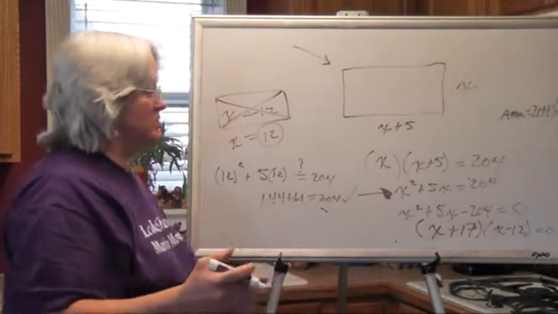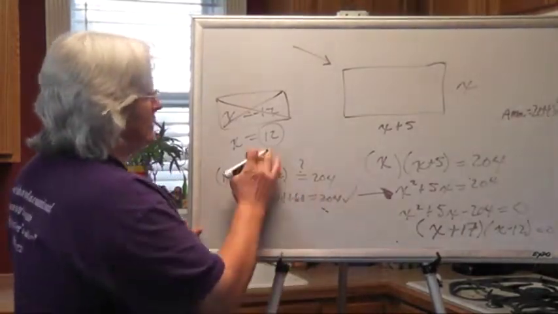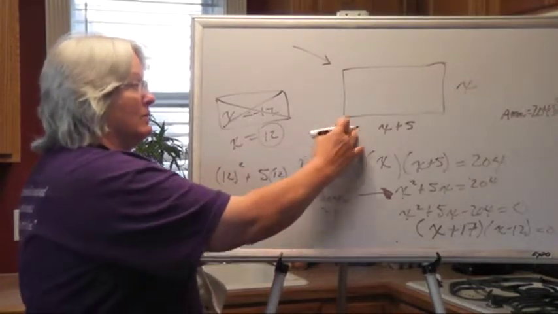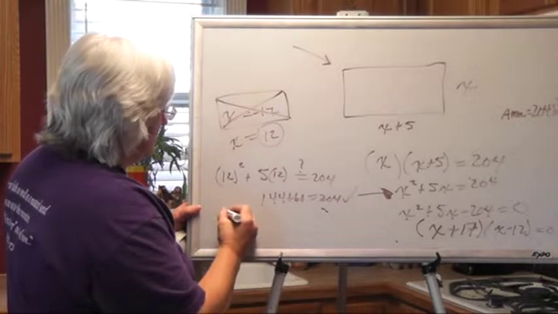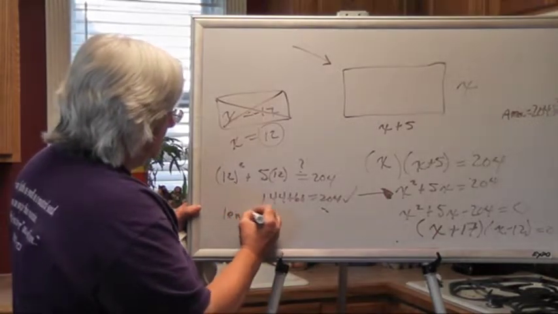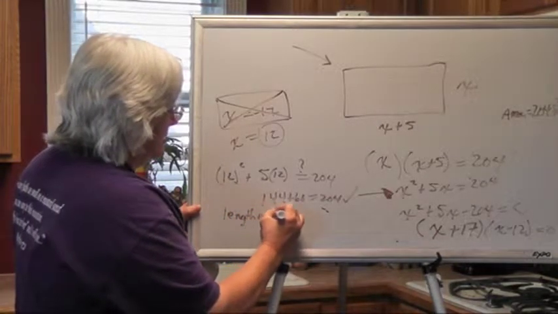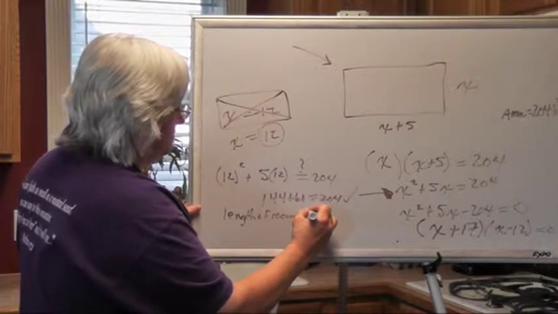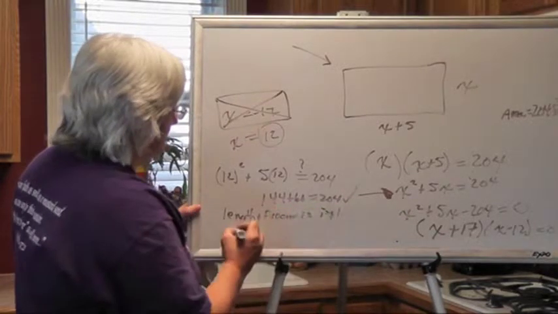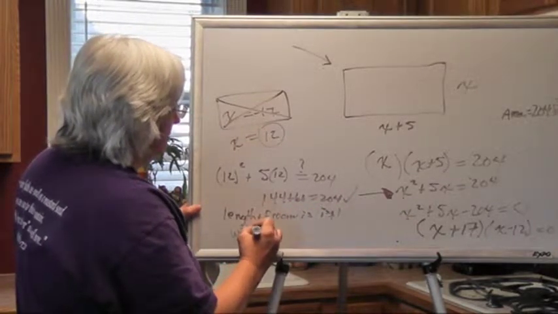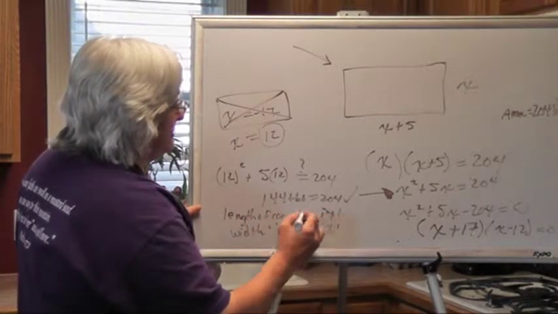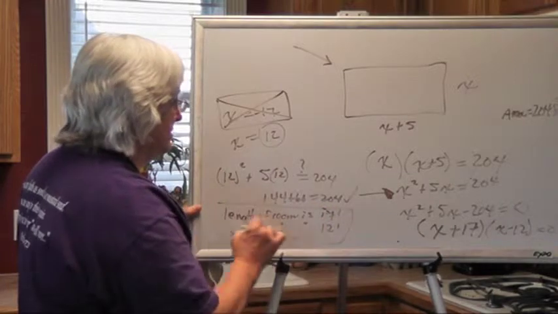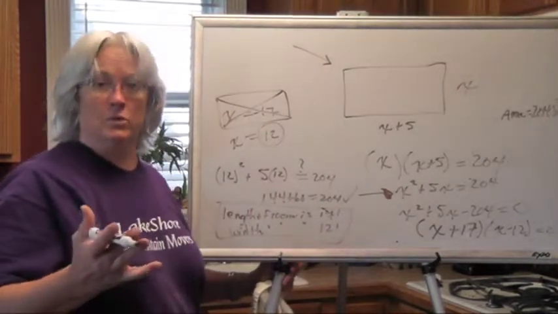So your solution now is not simply that x is equal to 12, is it? It wants to know the dimensions of the room. So the length of the room is 17 feet, and the width of the room is 12 feet. That is the solution to this word problem.